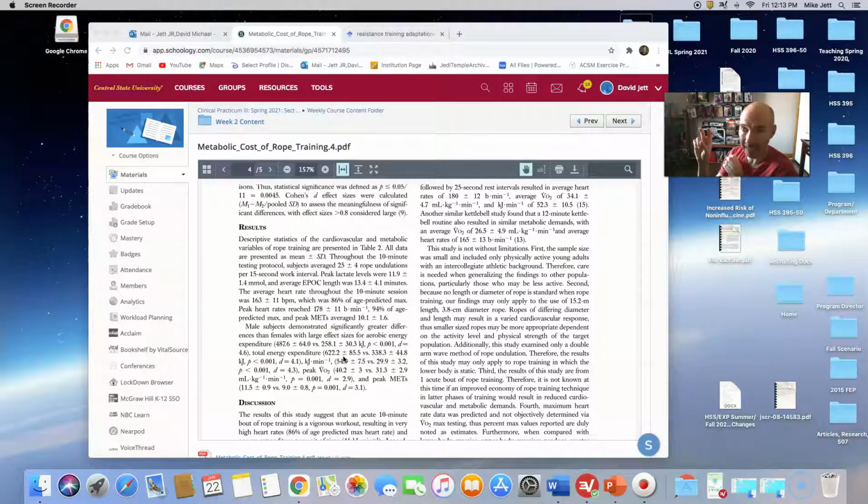Okay, so that word significant is critically important when you're reading the results of a study. Okay, so what you might do for your summary is just list the things that did have a significant difference. You don't have to list the things that were not significantly different.